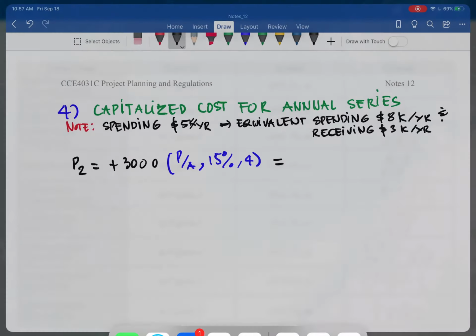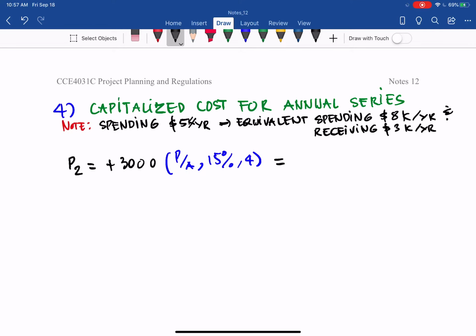You can get that factor, 3.8117. From that we get this number equal to plus 11,435. So that is the 3,000 for the first 4 years.